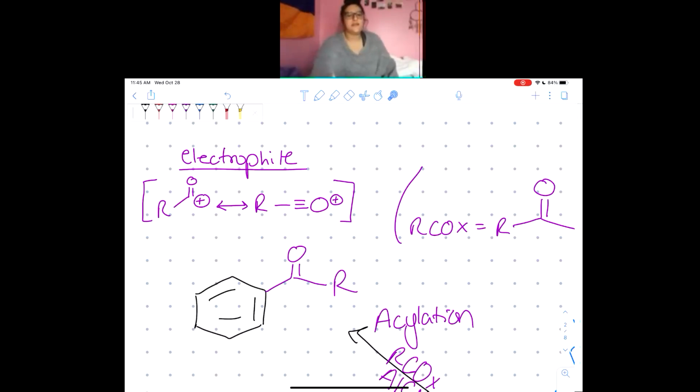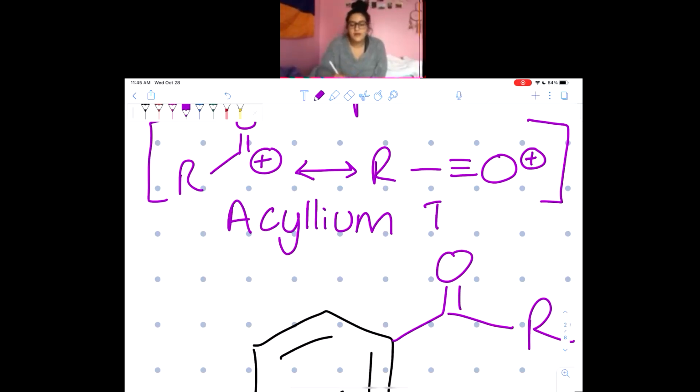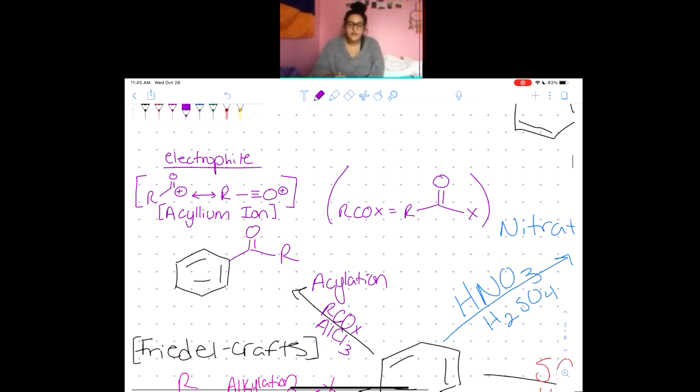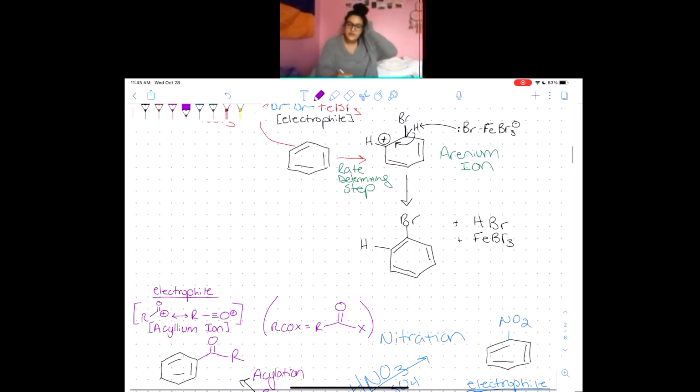Yes, that's technically what it's called, but the name for this specific ion is going to be the acylium ion. It's a funny name, and it sounds kind of similar to our arenium ion, so try not to get those confused. The arenium ion is the benzene ring with the plus. An acylium ion is the electrophile for the acylation.